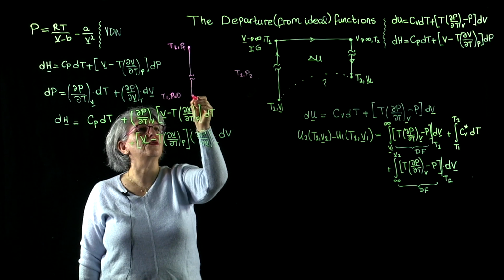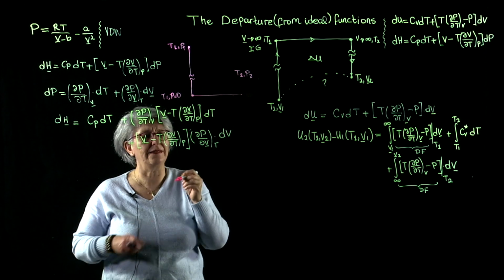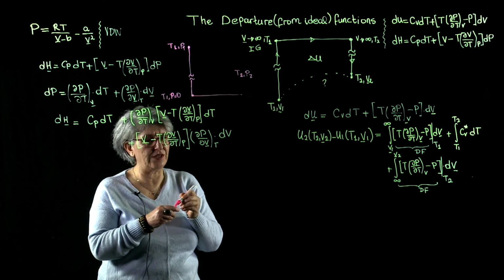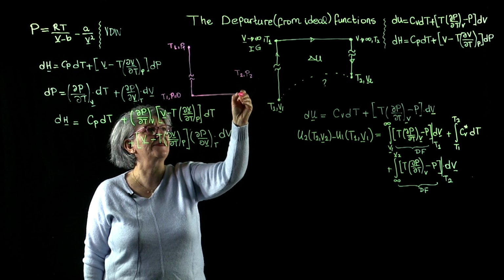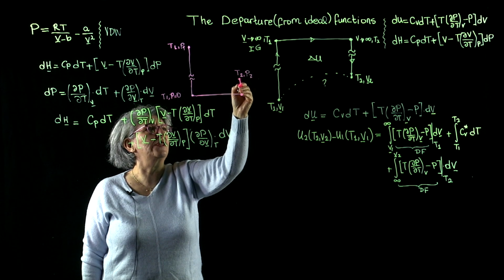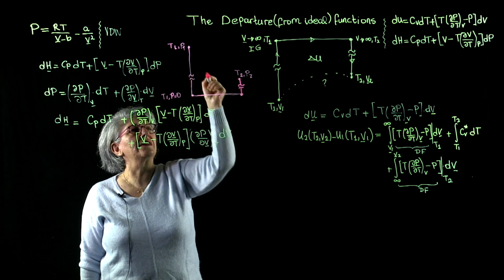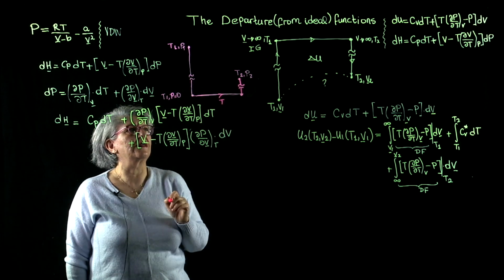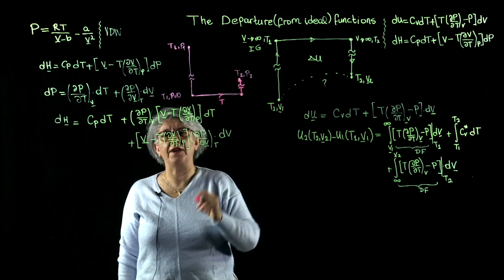We are going to have an isothermal integral at zero pressure, where our fluid is going to behave like an ideal gas. And then we are going to carry out the integral along the pressure dimension to the final state.